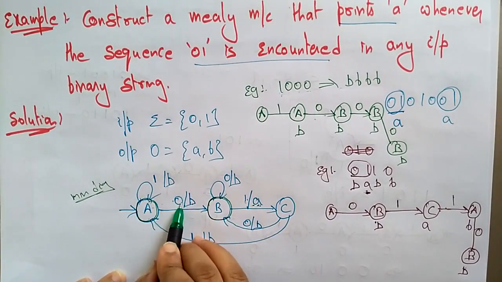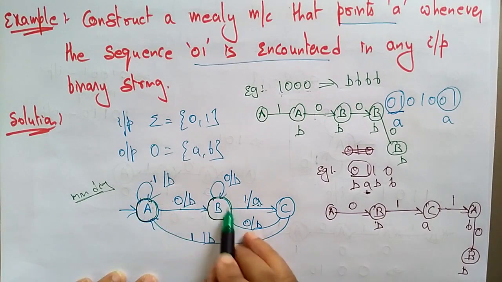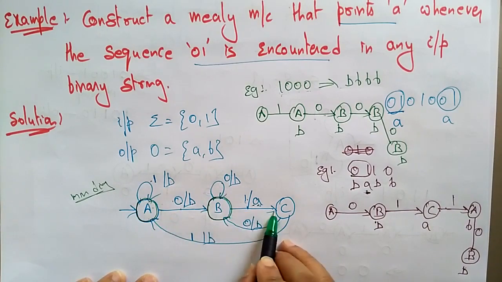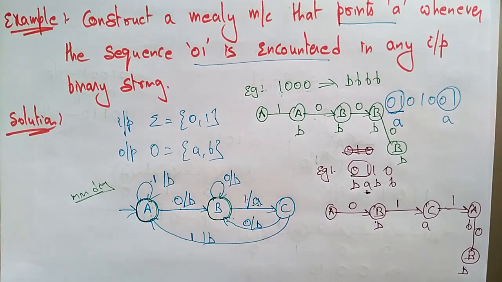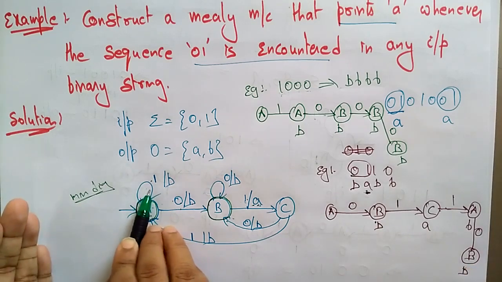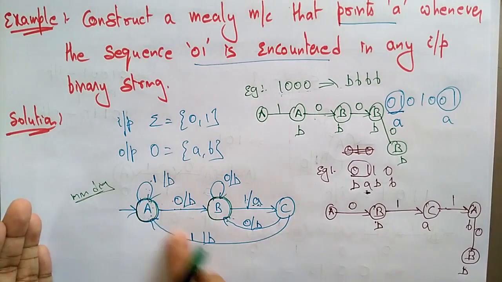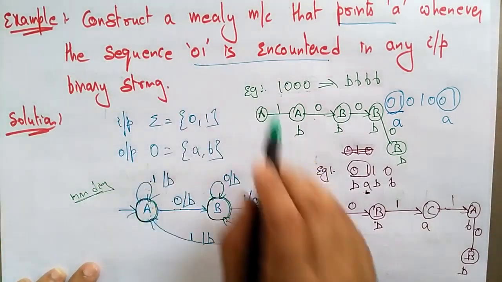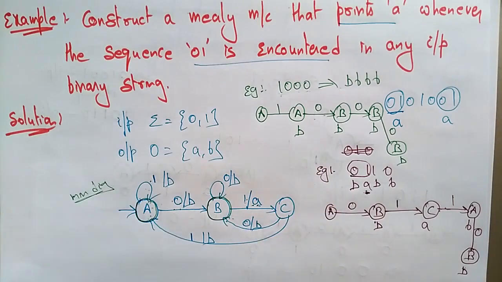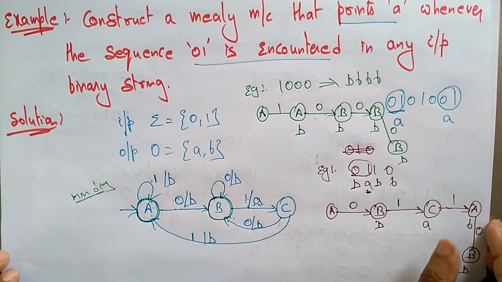So here A is generating on 0 and 1, and B is generating on 0 as well as 1, and C is generating the output on 0 as well as 1. So all the three states have to generate an output on 1 as well as 0. Based on that condition, you need to check, and the final thing is the sequence 0, 1 should be encountered whenever A is output.